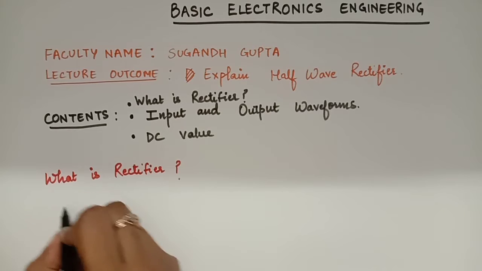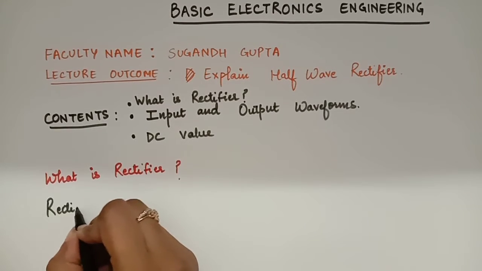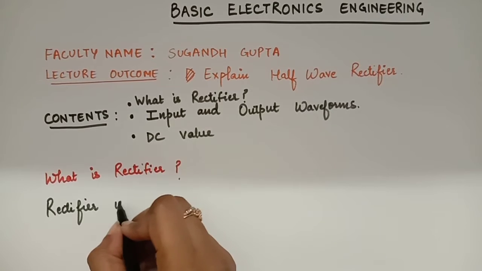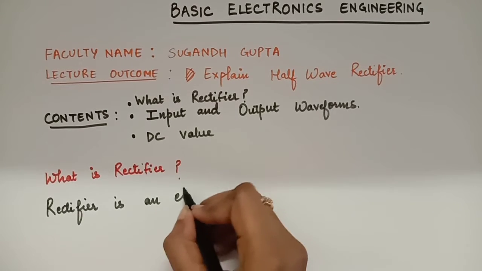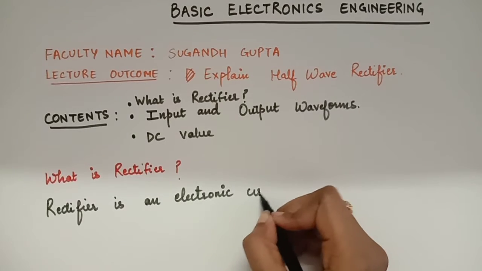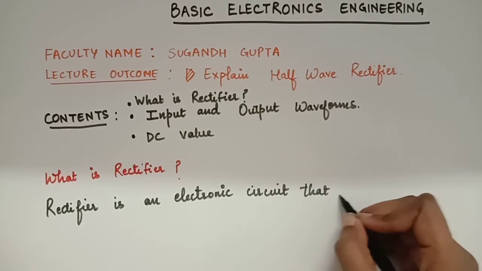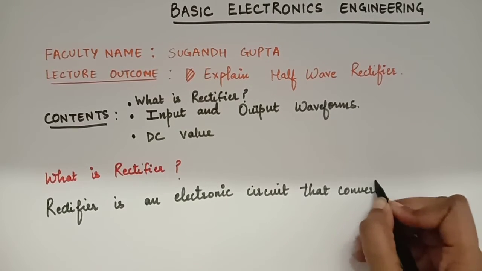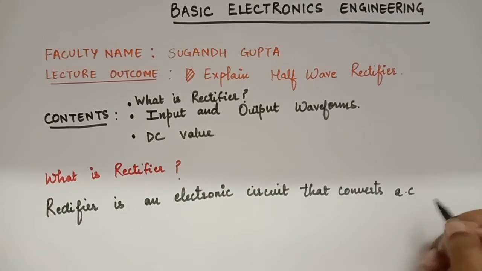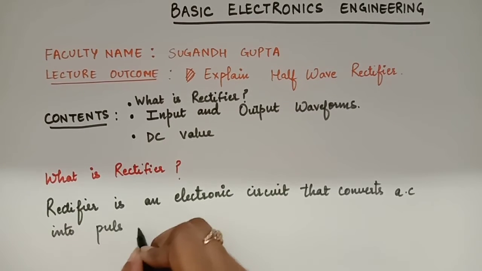So a rectifier is an electronic circuit that converts AC into pulsating DC.